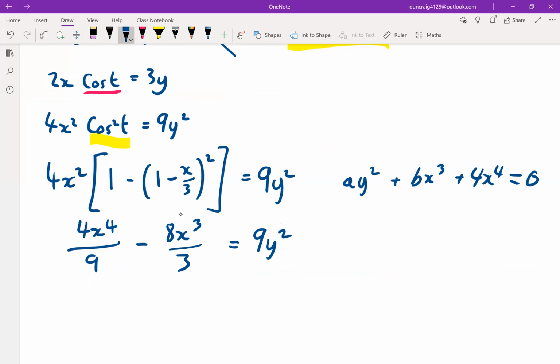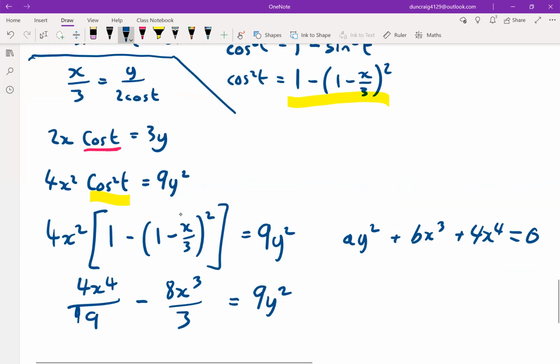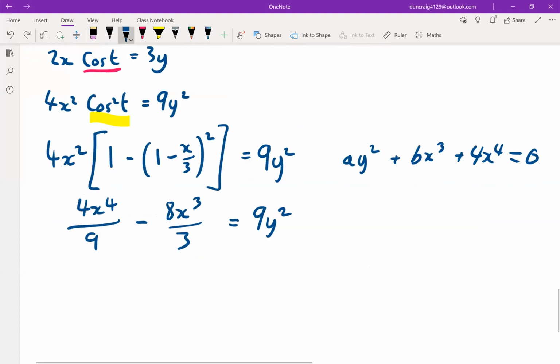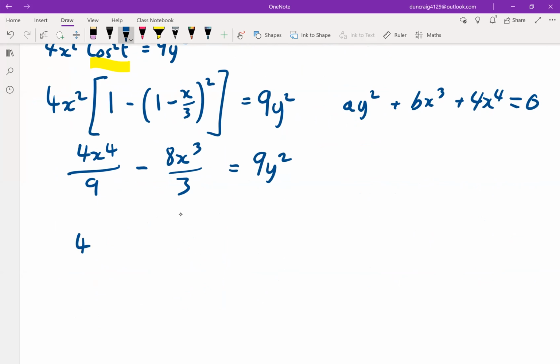Cool. Alrighty, now if I multiply everything by 9, it'll get rid of all the fractions. So still getting used to this. 4x to the 4 taken and multiplied by 3, 24x cubed is equal to 81y squared. We're going to make it all equal to 0.